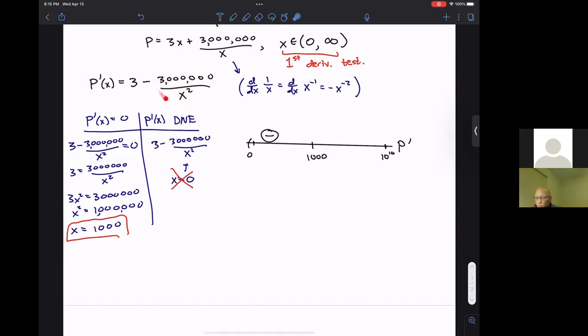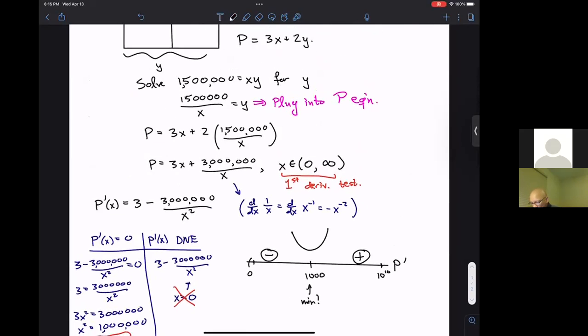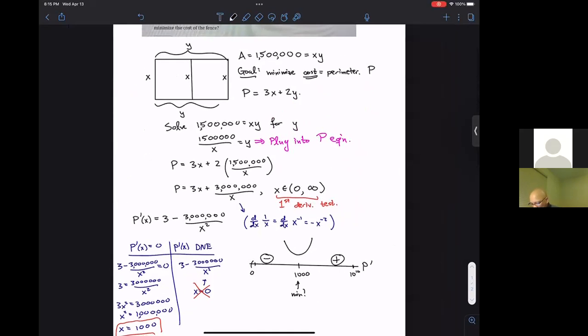So I get 3 minus a tiny number, like 3 or 2.9, but in any case it's positive. So over here I get something positive for sure. I end up with a shape that is decreasing and then increasing, which means this is a minimum. And that's good, I wanted to minimize cost, minimize P. Great, that's what I was aiming for.